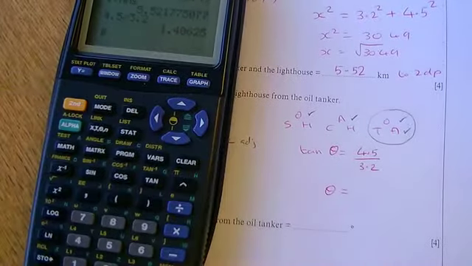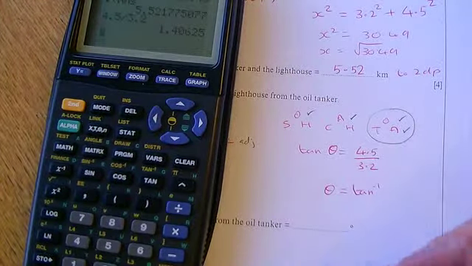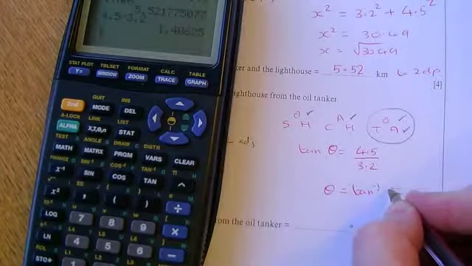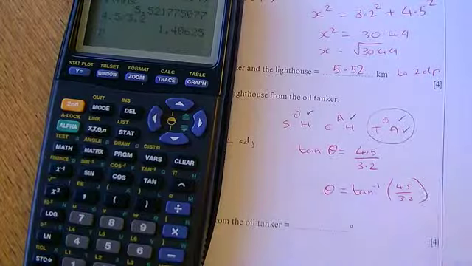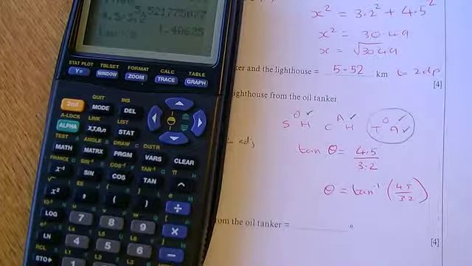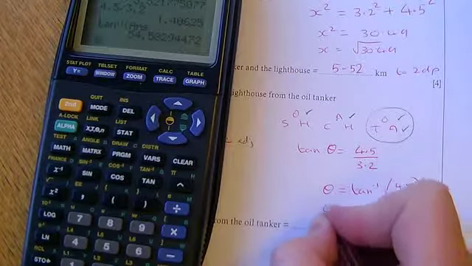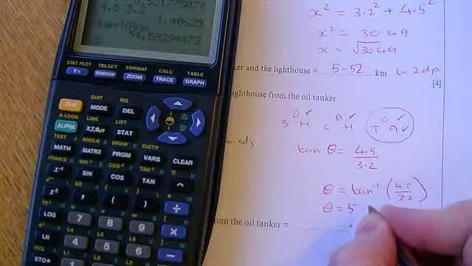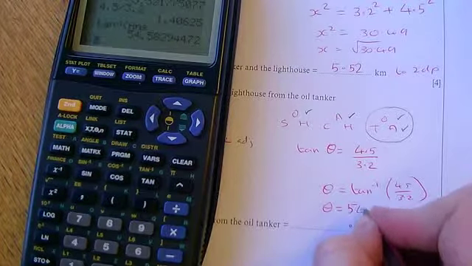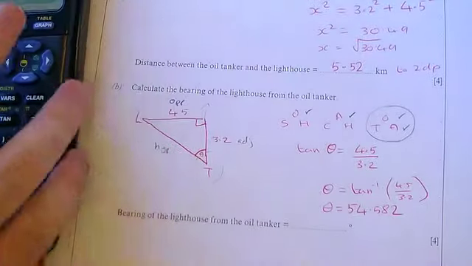Gives us that number. So tan equals tan to the minus 1, because we're trying to find the angle, so we've got to use the inverse tan of this number, whatever it is. So do shift and tan. That's the angle.